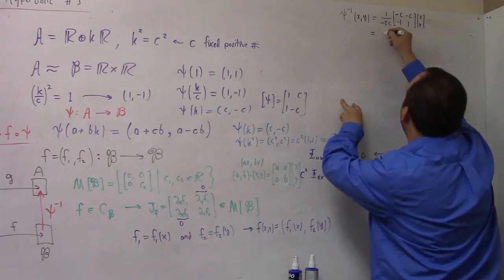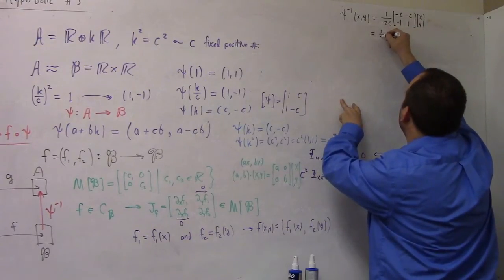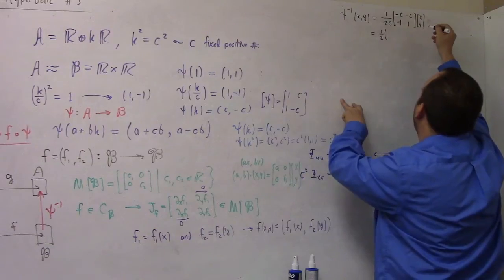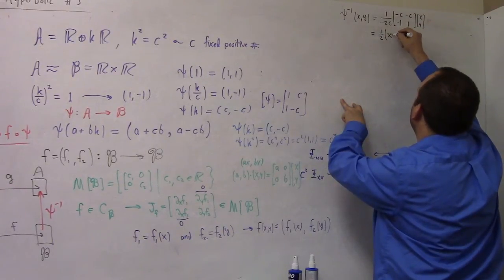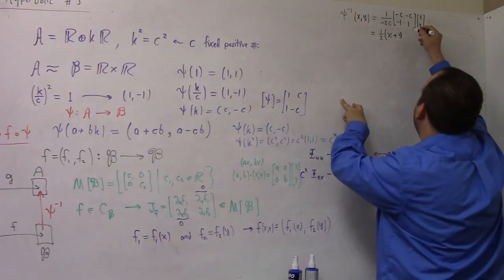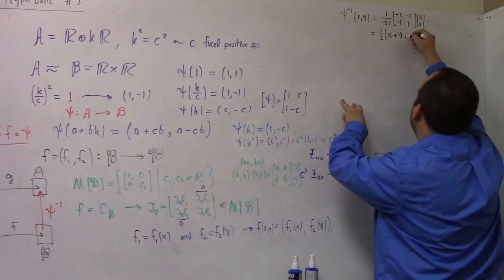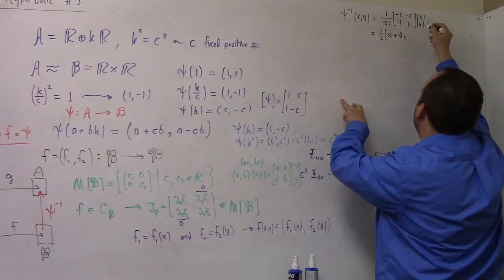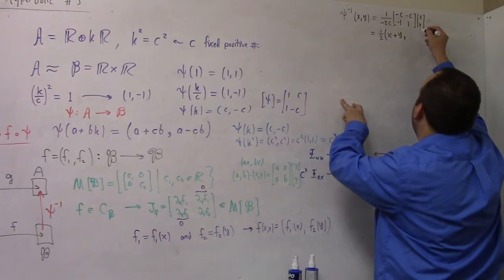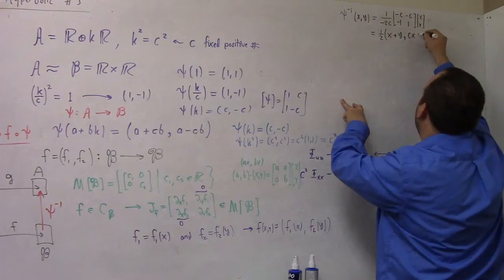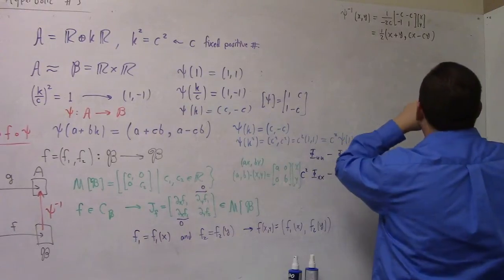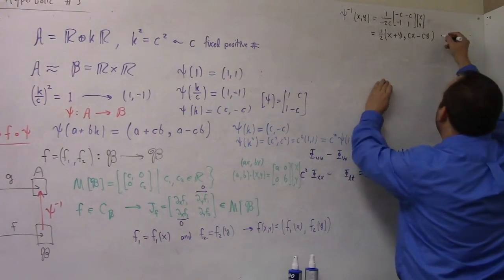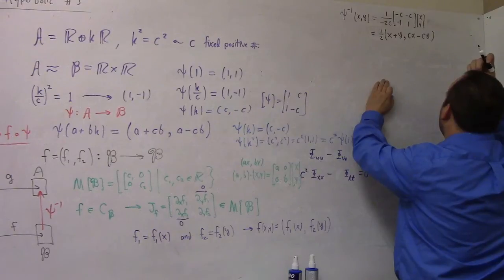That's equal to x over 2 plus y over 2, so one half of x plus y, comma, cx minus cy. Wait, I think it's over c, isn't it?